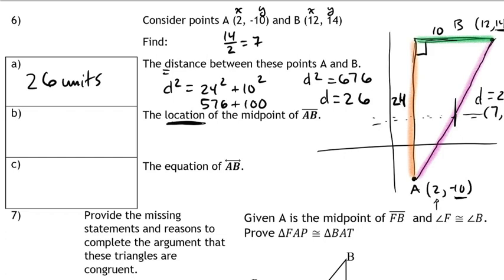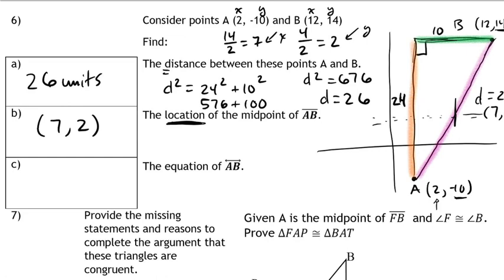And the y values are negative 10 plus 14, which is just going to be 4, and half of 4 is 2. So this is the average of the y's, and this is the average of the x's. So the midpoint is located at 7 comma 2.